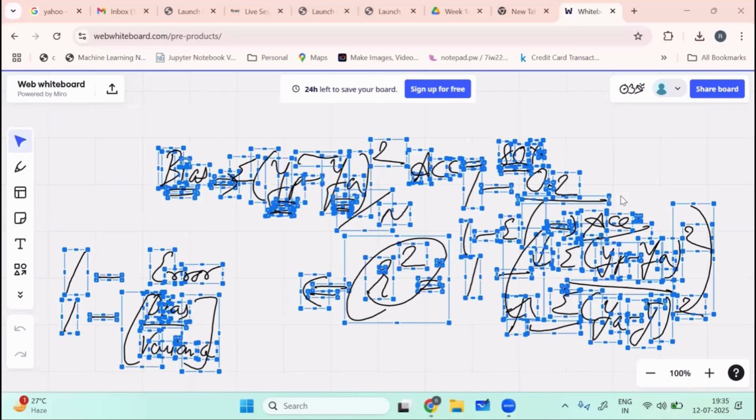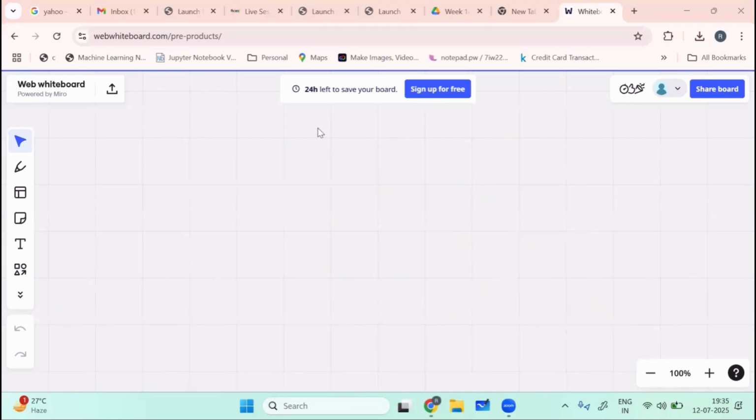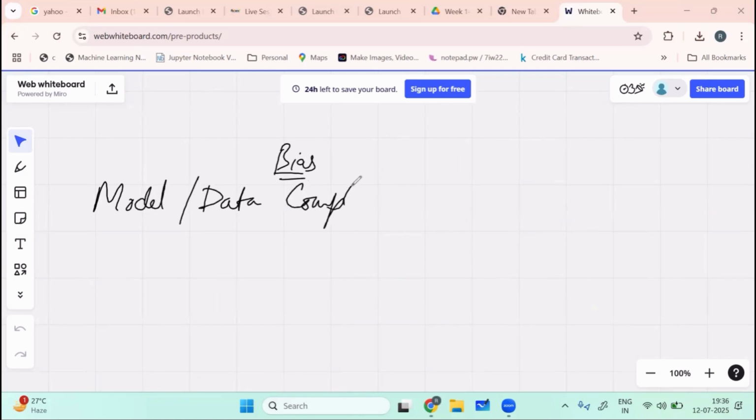So let's find the verdict. Any model which you built, when you talk about the bias part, if the model complexity or data complexity is low. What is model complexity?